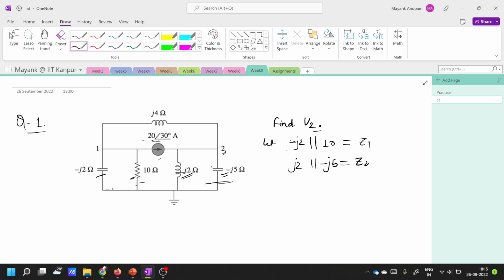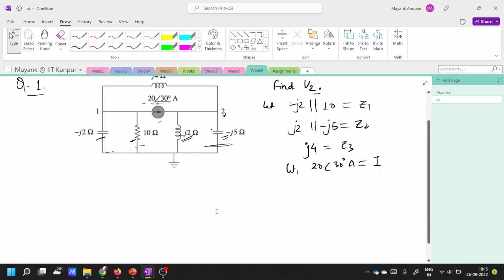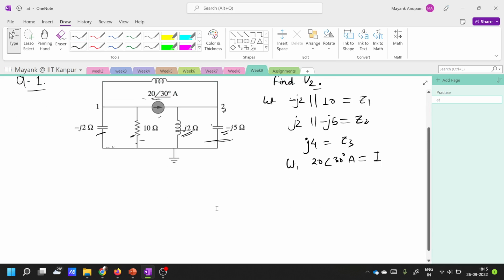It is easier to handle when you write it in terms of simple names. Let 20 angle 30 degree ampere be I. I'm just trying to represent all of this using an equivalent circuit. Let's see how it looks. What will be the equivalent circuit for this case?